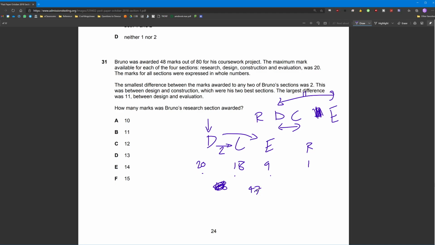So what can we do that maintains this distance between D, C, and E, but awards marks to the research? Oh, wait, hold on a minute. Never mind.